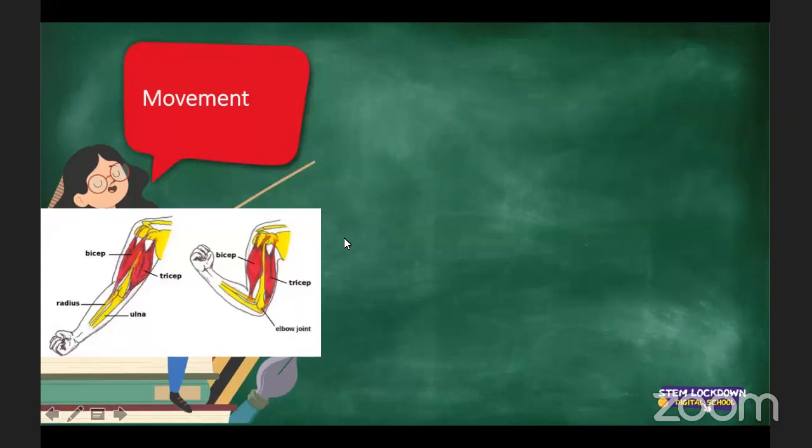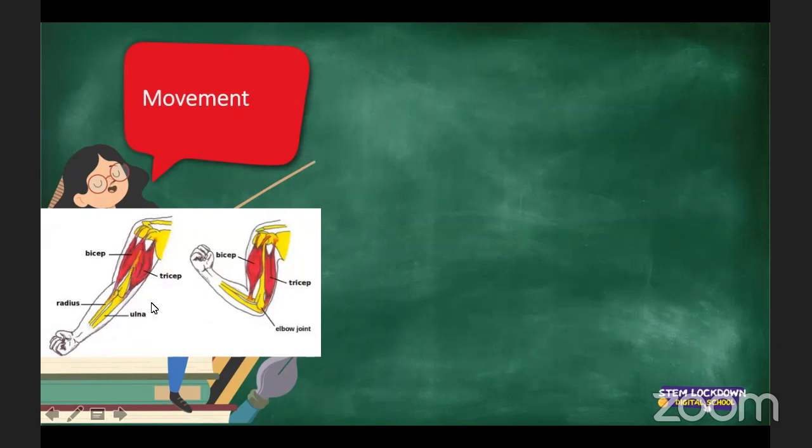Then movements. Let's look at these two pictures with two arms. Let's look at the first one on the extreme left of your screen, which has been extended, or stretched.